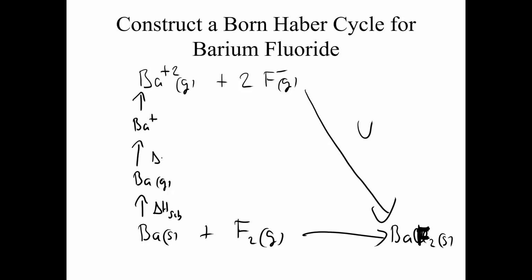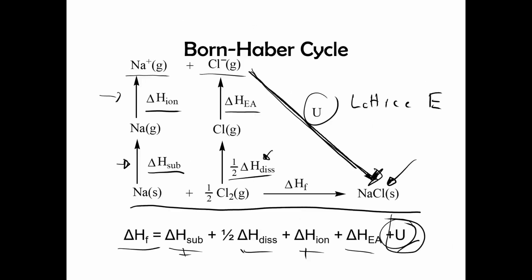So the delta H of ion 1 and the delta H of ion 2. And then we also have to split this, the delta H of dissociation, which will make two fluorine atoms.